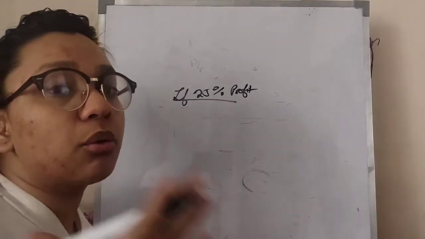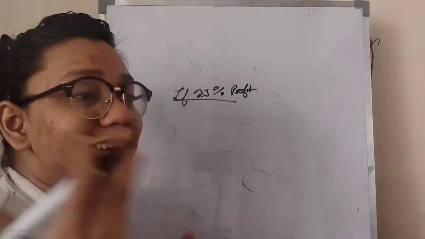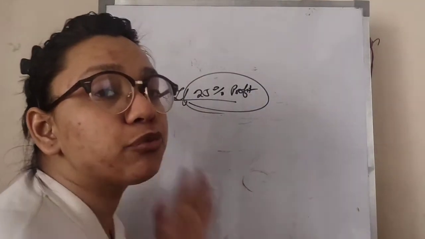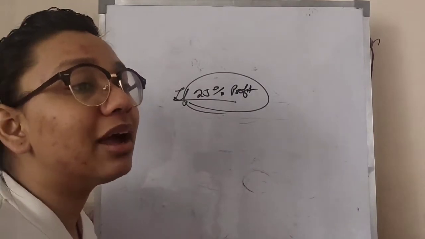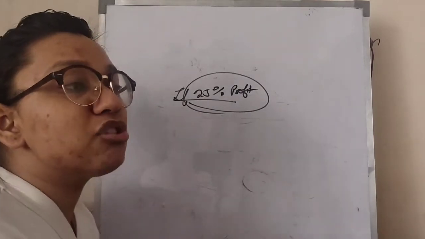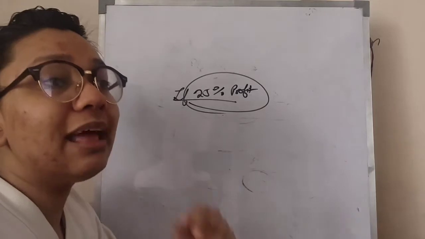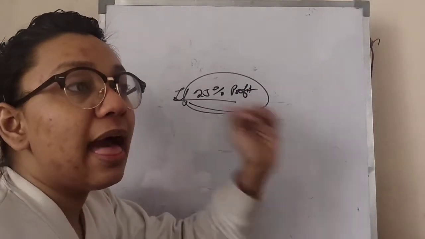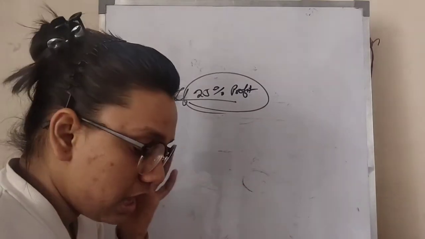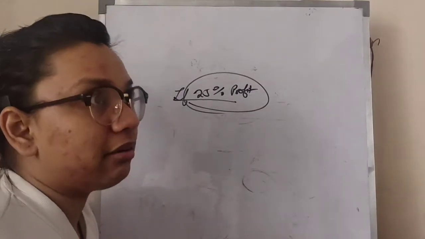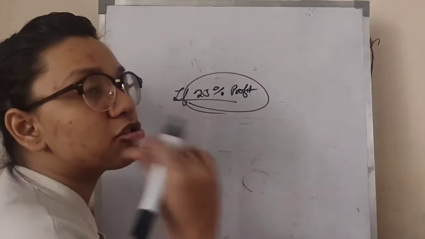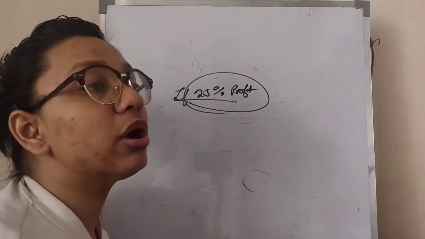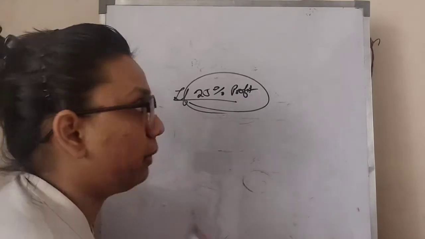Whenever we need to work with cost price, market price and selling price, in order to maintain a profit of 25%, what will be my market price on which I will provide a discount, and still have 25% as my profit, and then sell it? Whenever you are required to maintain that, first of all you need to decide what your selling price should be, below which you are not going to sell any of your articles.